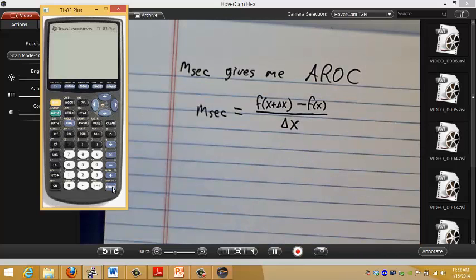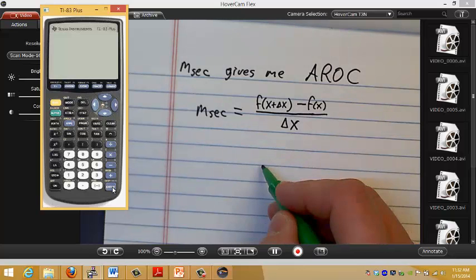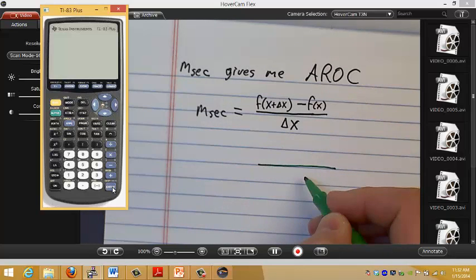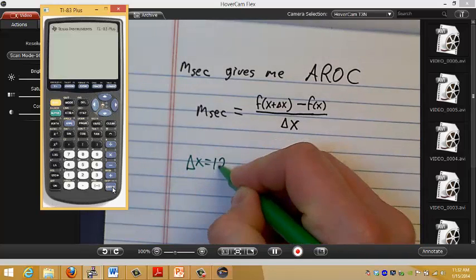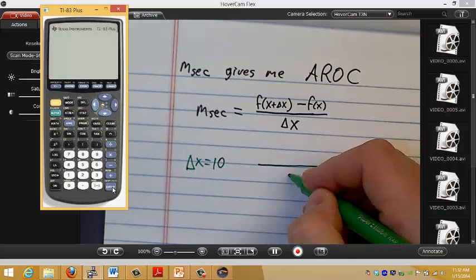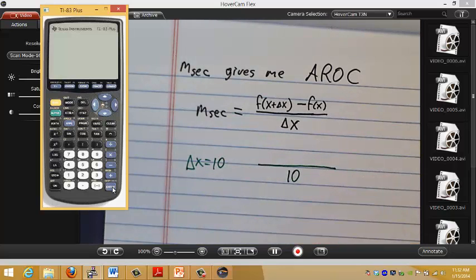The question is, could you have done that for the problems we just did? In the problem I just did, delta x was equal to 10, and so in the denominator I had a 10.